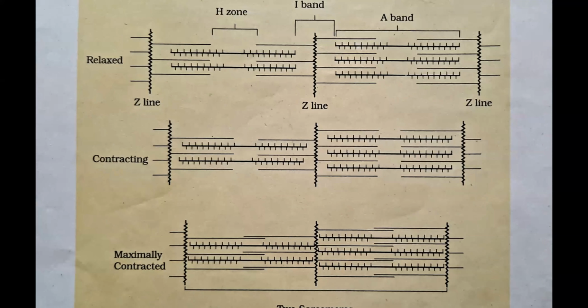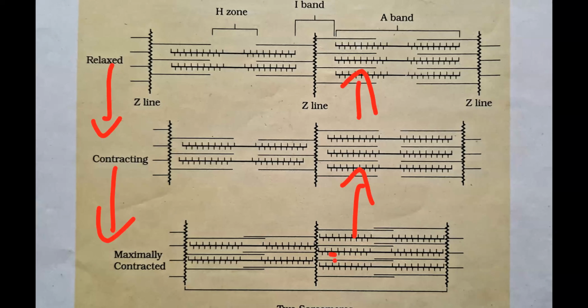Once it is pumped back, those troponin TnC units without calcium, their conformational change will help in covering the myosin binding sites on the thin filament, and that will reverse the entire action. The contraction that had happened will be reversed. The Z lines, which were pulled inward, will be pulled back to their original place. So the muscle will go back to its original relaxed state.